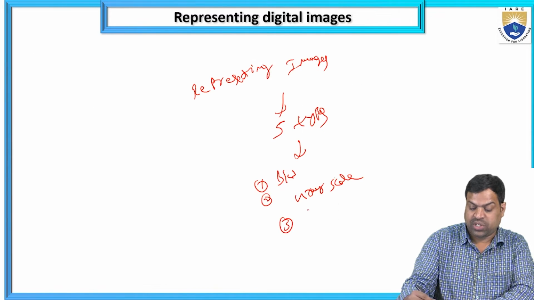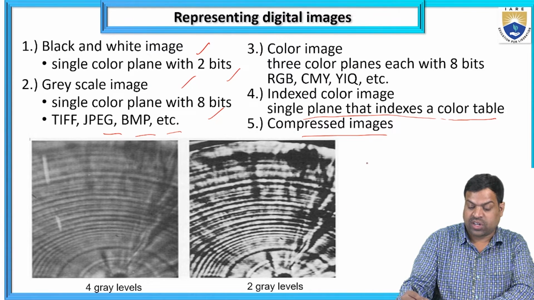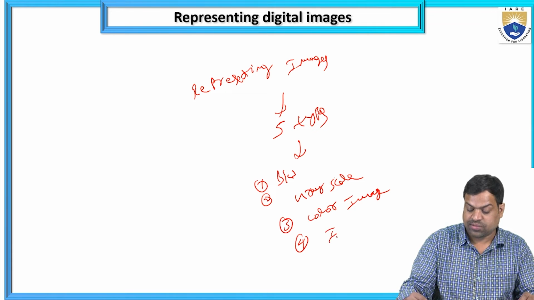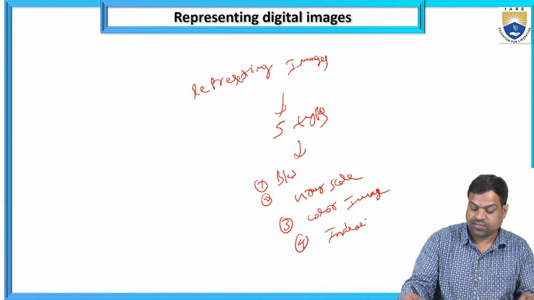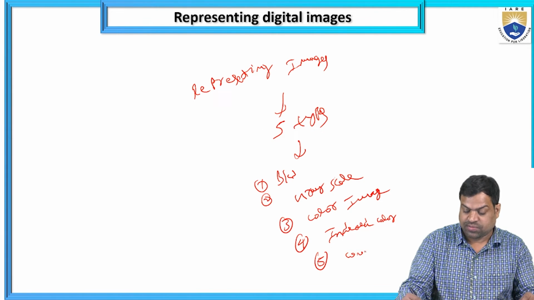The third one, color image. The fourth one, indexed color. The fifth one, compressed image.